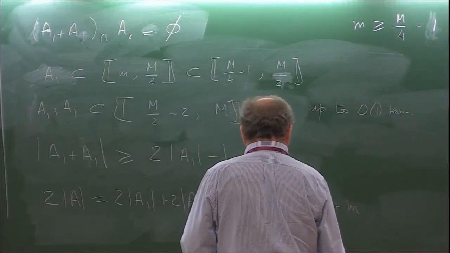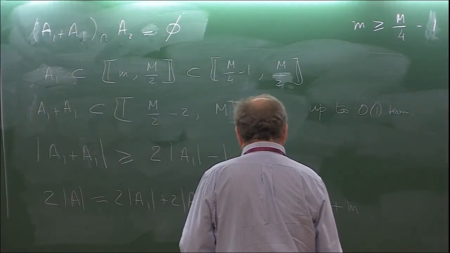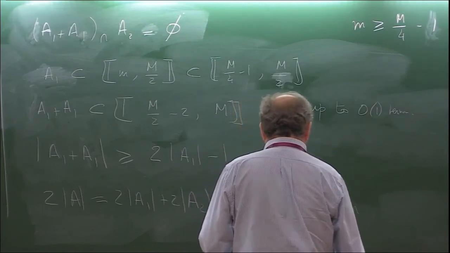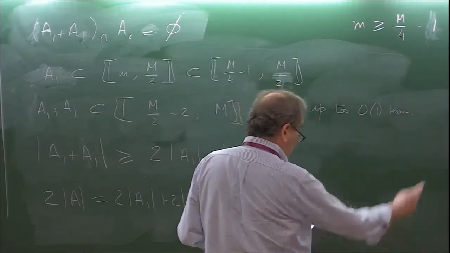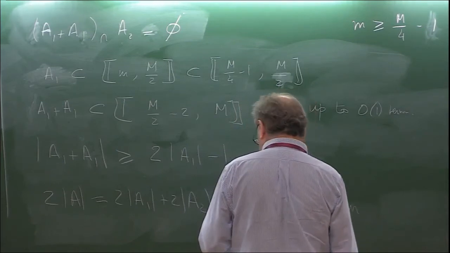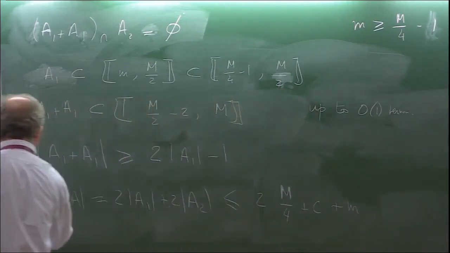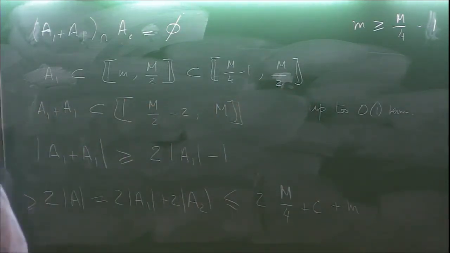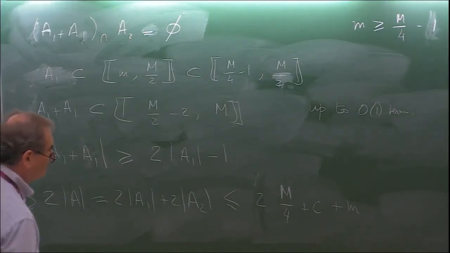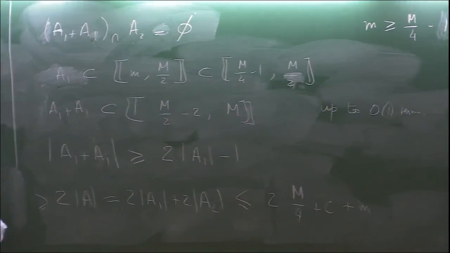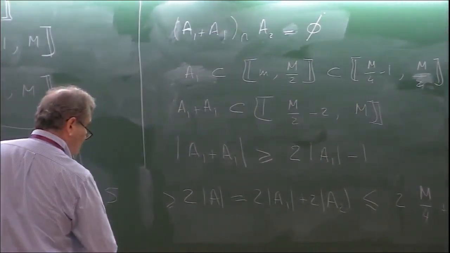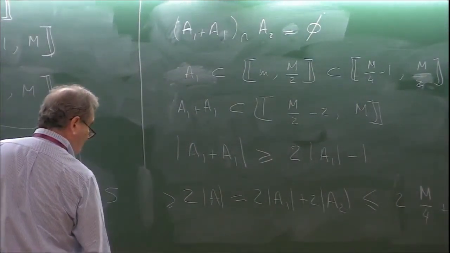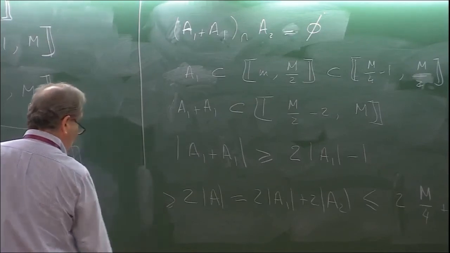And on the other hand, you use that A is larger than what you have at the beginning, so this is less than 5 over 2, so it is 5M.